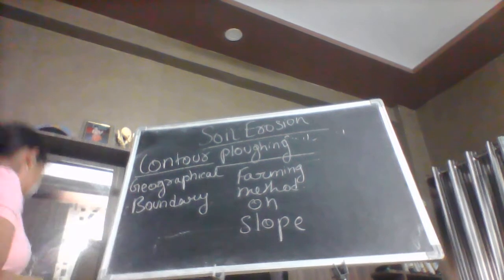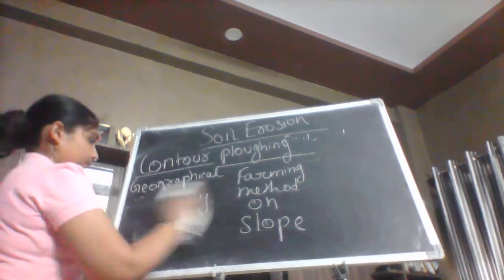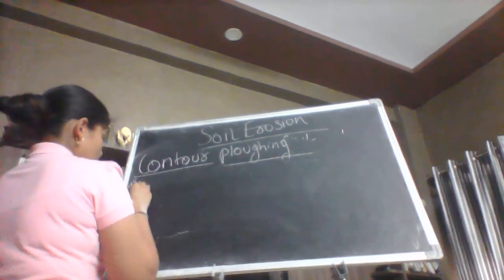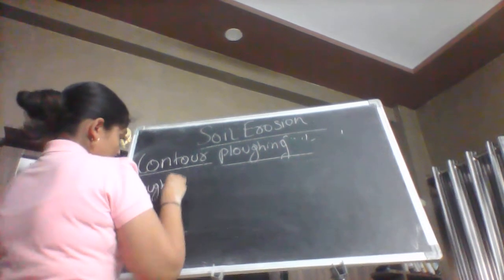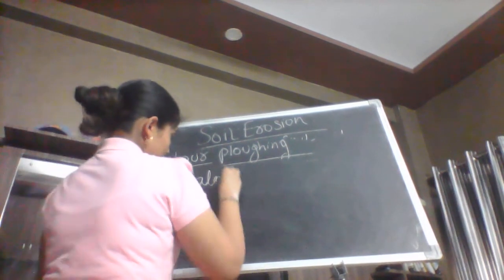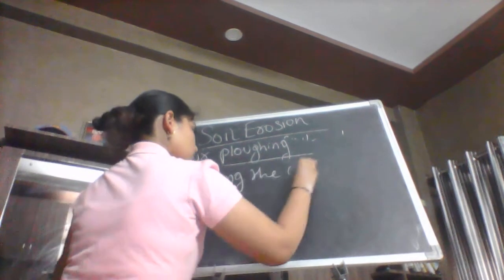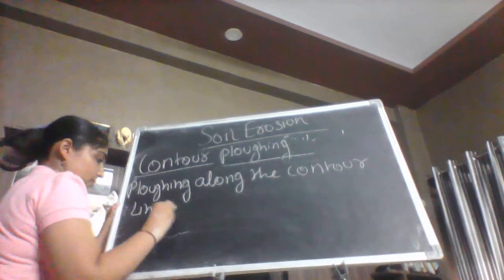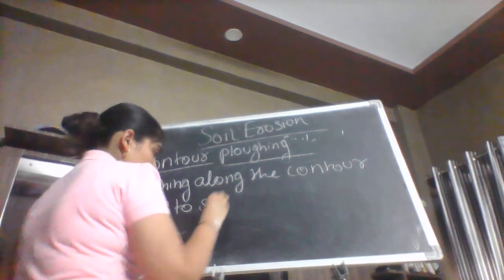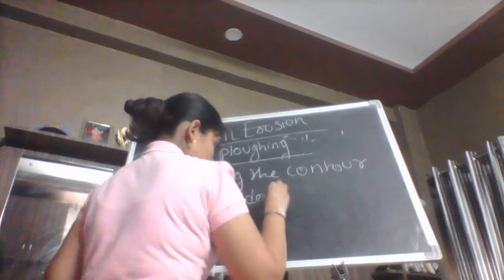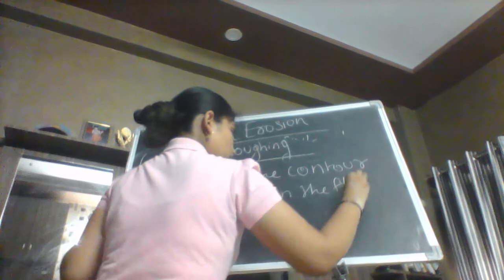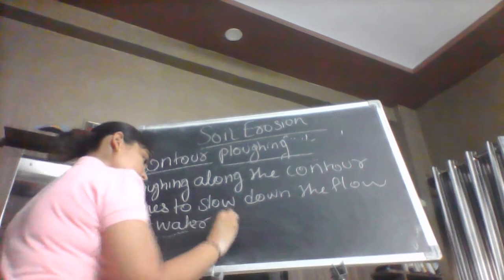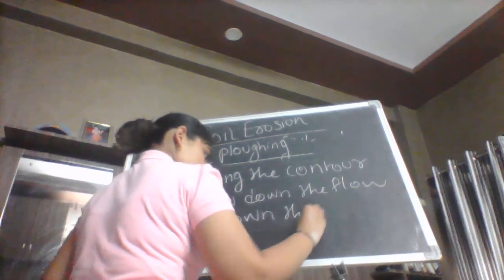Now let's discuss in detail what is contour plowing. So it is plowing along the contour lines to slow down the flow of water down the slope.